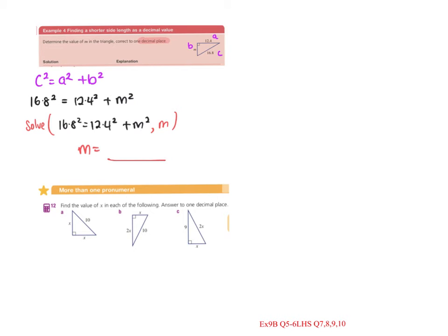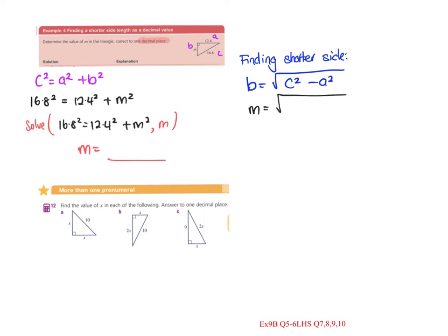Now, if we're doing the non-graphics calculator, finding the shorter side, so not the hypotenuse, we can use the formula. This one's B this time, so it'll be the square root of c squared minus a squared. If I substitute in, it's m in this case, so m equals the square root of 16.8 squared minus 12.4 squared.